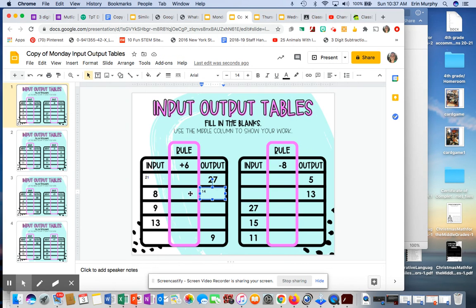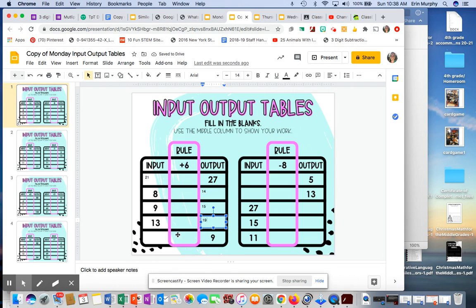The machine does something to it. We know it's plus 6. So 9 plus 6 is going to equal 15. Next one, we have 13. So we're putting an input of 13 in. So I put the 13 in the machine. 13 plus 6 would equal 19.